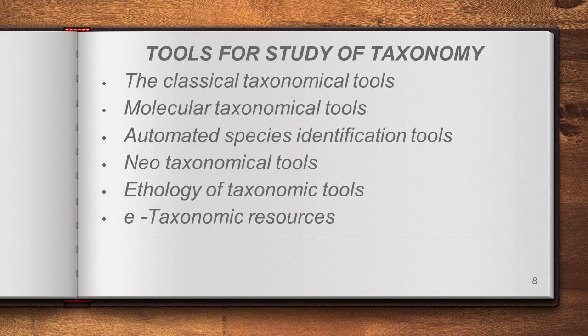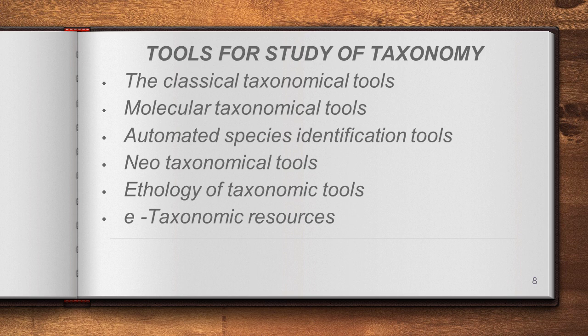Let us go to the next topic: tools for the study of taxonomy. What is taxonomy? It is the science used to learn the classification of organisms. What do we mean by tools for the study of taxonomy?